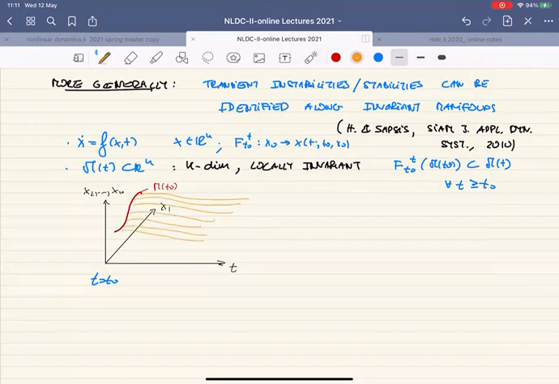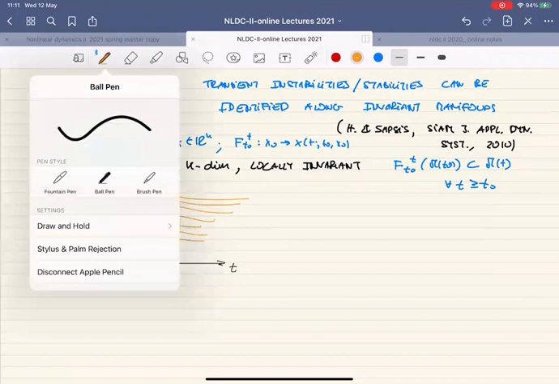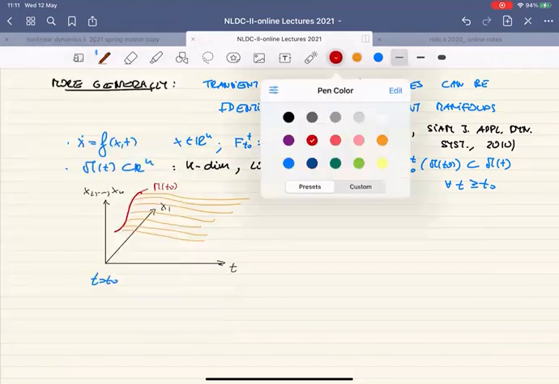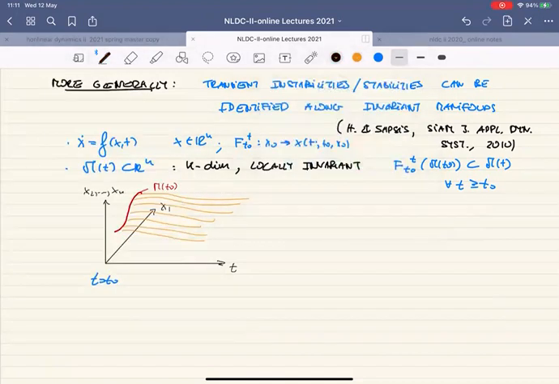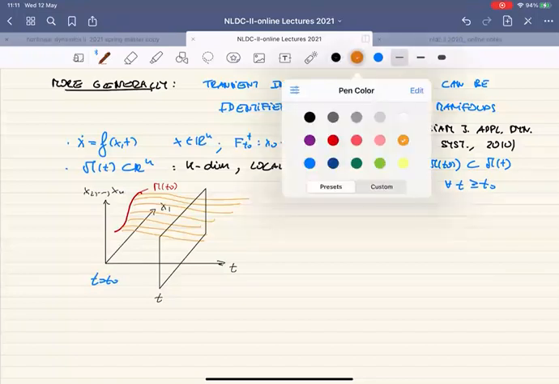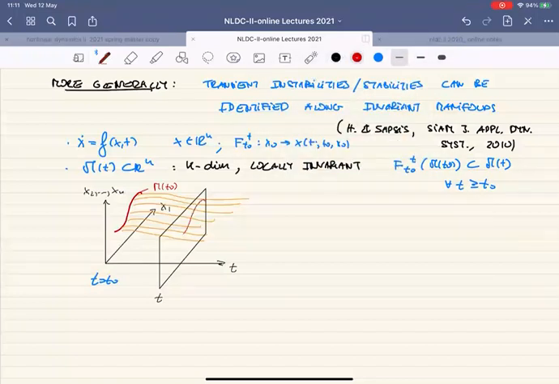And as a result of that, if I now take another cut at some other time, a constant, some sort of t cut, then it may have deformed into something else.